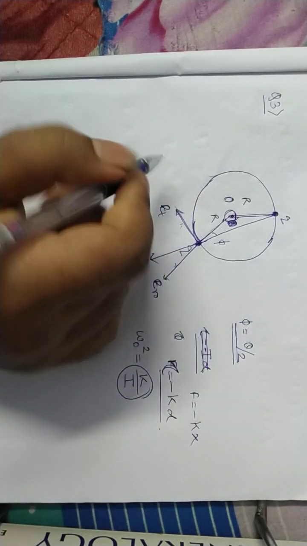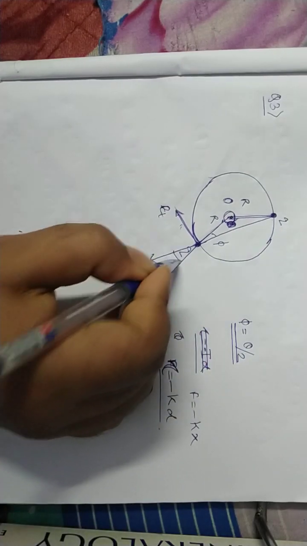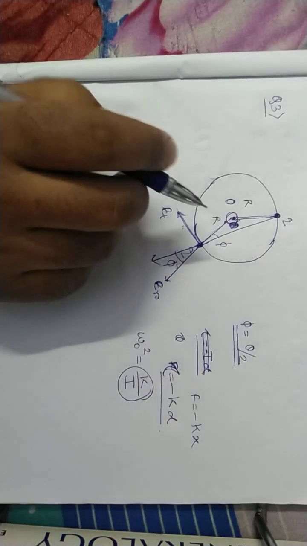So first we'll find the force, then do the necessary requirement to oscillate about this point.